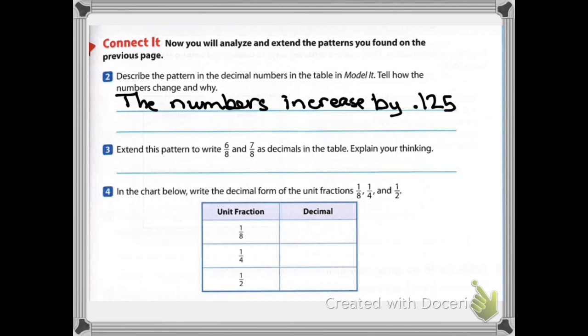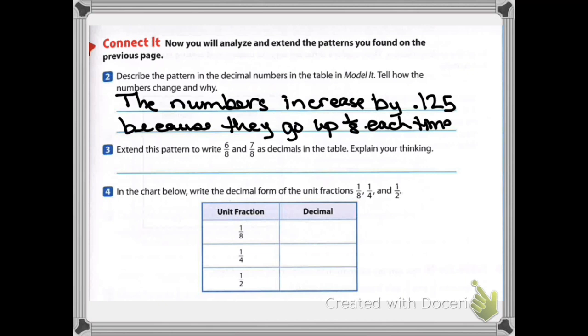And why? Because they go up 1/8 each time. Extend this pattern to write the next numbers, and we did that. Explain your thinking. I added 1/8 each time.